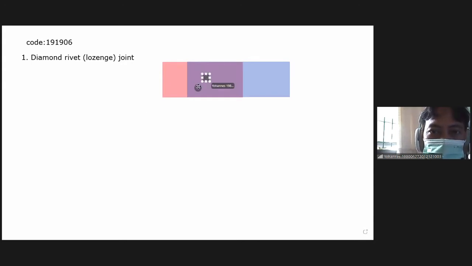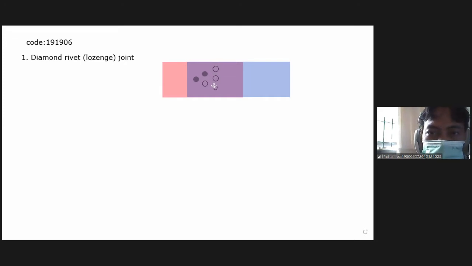So this rivet has an arrangement where the number is increasing as we proceed from one end of the joint to the other end of the joint. So it looks like this.